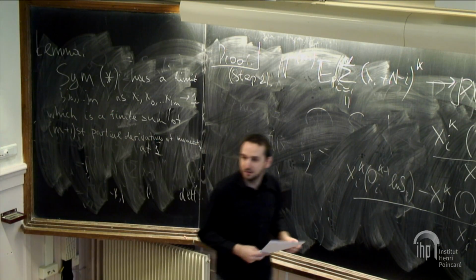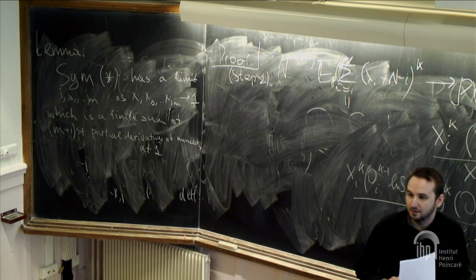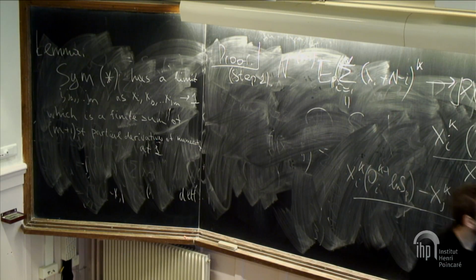The most general function we want to apply is some f of x divided by the product of x minus y_j. Our function is always this thing. The numerator is general, but what is important is that this numerator function is well defined in a neighborhood of 1. So really, it was a Schur generating function which was convergent at point 1, and we assume that it's also convergent in a neighborhood.